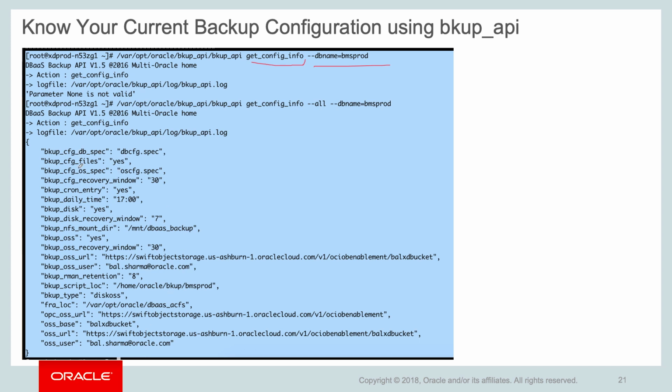For example, I have backup config file, backup daily time is set to 5 o'clock, backup disk is also set, and my backup OSS parameters, backup user, backup script location, and backup type is set to disk OSS, which means both the local backup as well as cloud backup. So this is the way you can know the values in your environment.